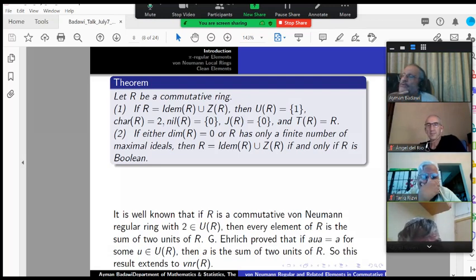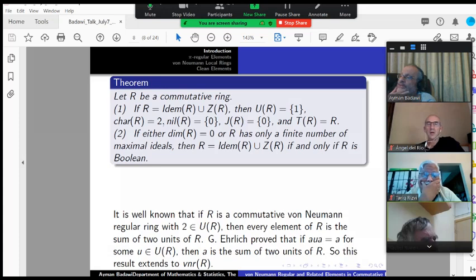That's what we mean by dimension 0. Every prime is maximal. And if R has a finite number of maximal ideals, then R is the union of the idempotents and the zero divisors if and only if R is Boolean.